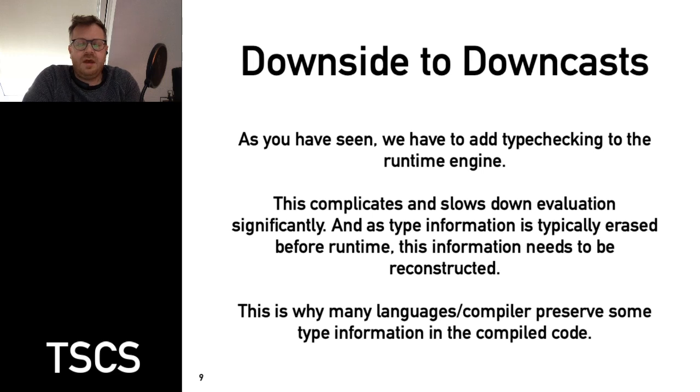And this is also why some languages and compilers preserve some type information in the compiled code. When you look into JVM bytecode, so the bytecode that actually is a compiled Java program, there you can see a lot of type information still in there. And this is to help runtime type checks, instead of reconstructing type information from scratch.